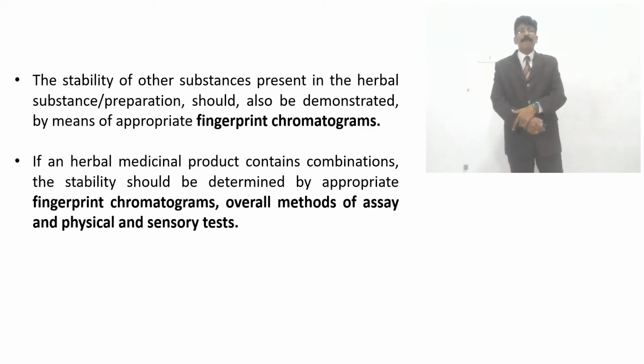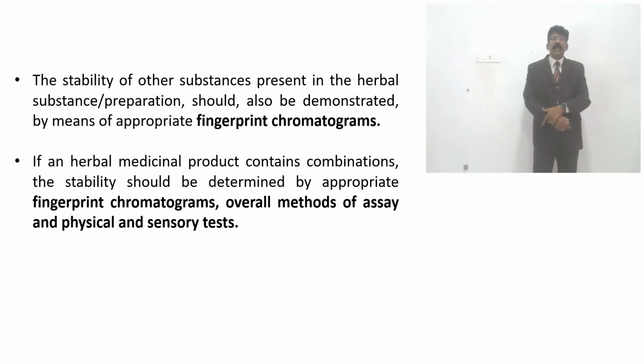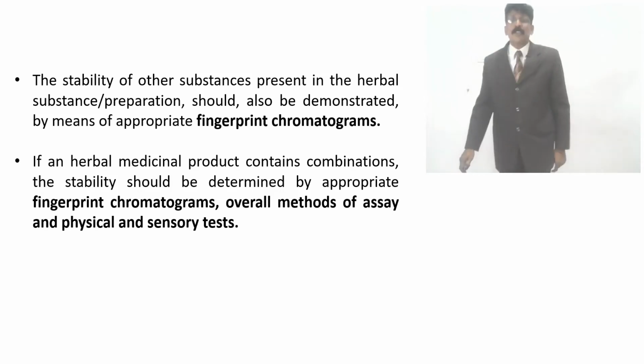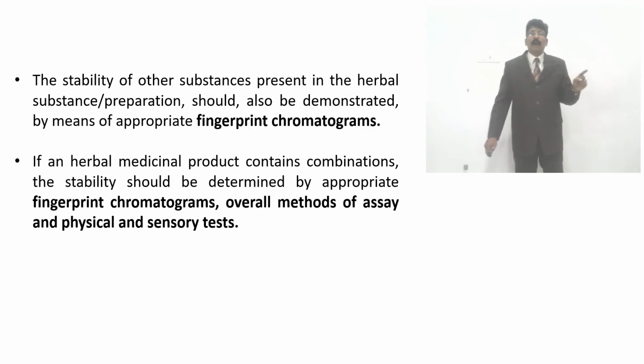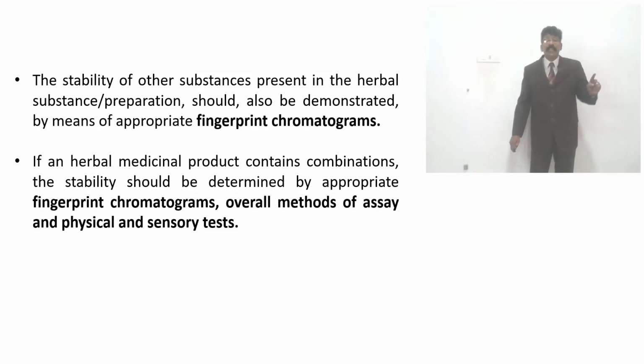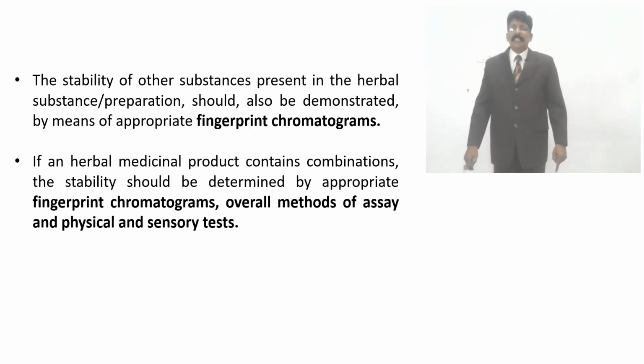So if an herbal medicinal product contains a combination, then we can go for a fingerprint chromatogram. The stability should be determined by appropriate fingerprint chromatograms. Overall methods of assay and the physical and sensory tests can be performed.